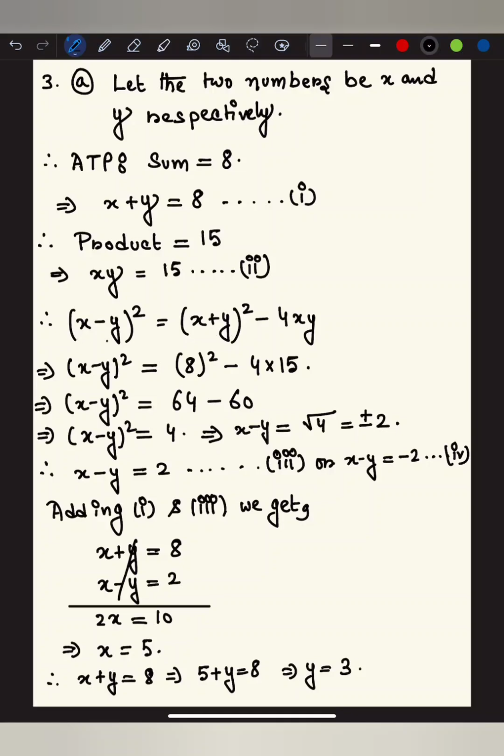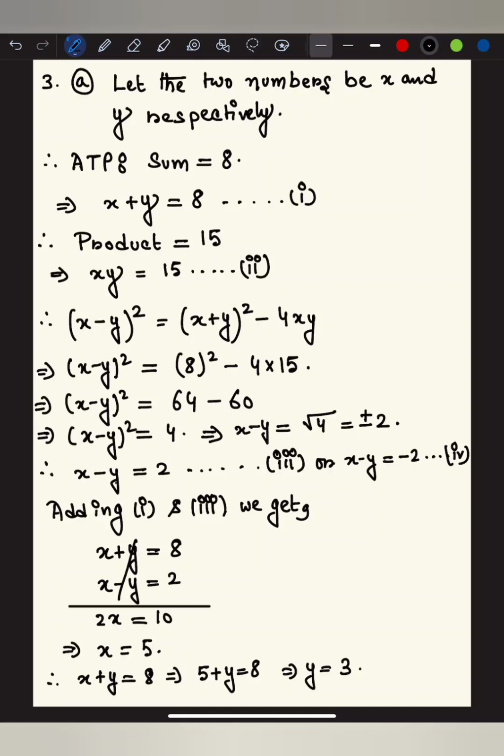So x minus y whole square equals x plus y whole square minus 4xy, which implies x minus y whole square equals 8 whole square minus 4 into 15, which implies 64 minus 60, which implies x minus y whole square equals 4, which implies x minus y equals root over 4, which is plus minus 2.